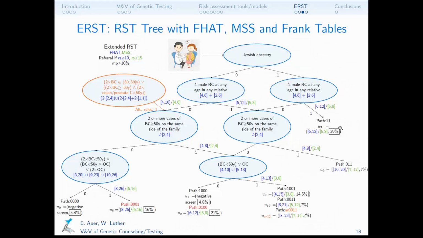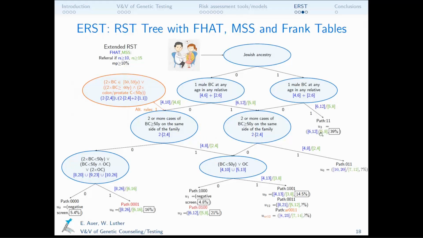then we see that the mutation probability given by the Frank table in this case is really high. Then the score from the family history assessment tool is also high. The upper bound is more than 10. That is, this patient would be referred for screening also if we use this family assessment tool.